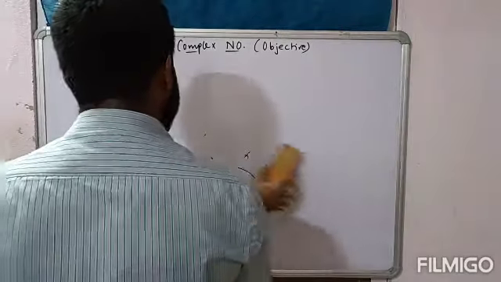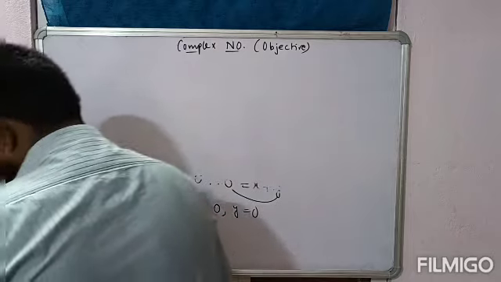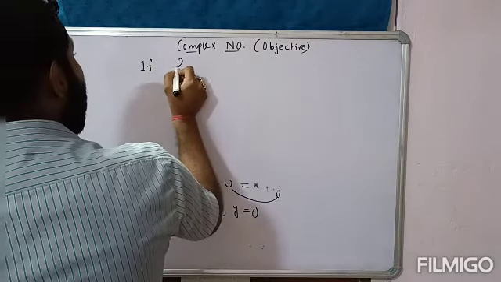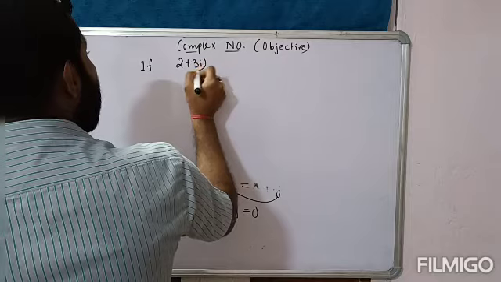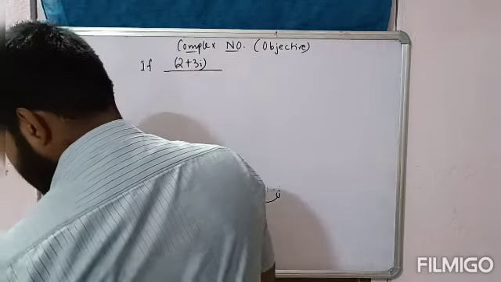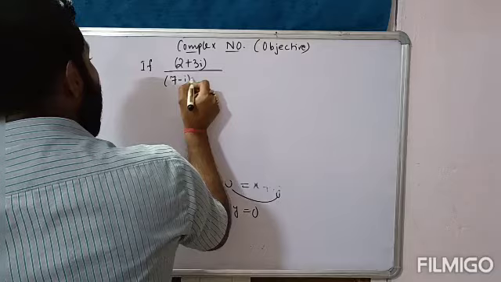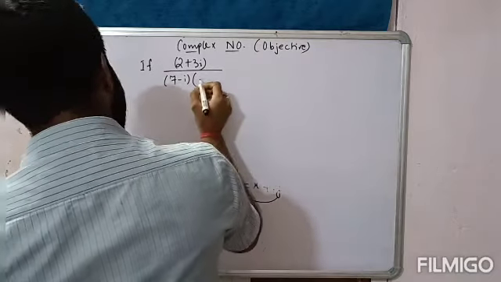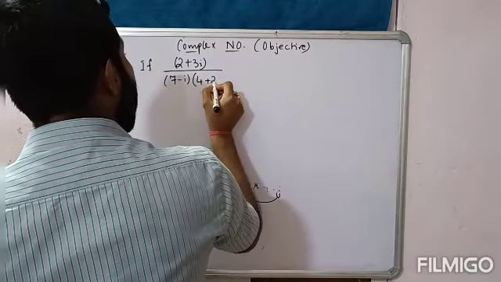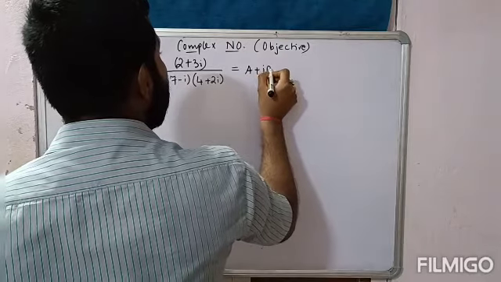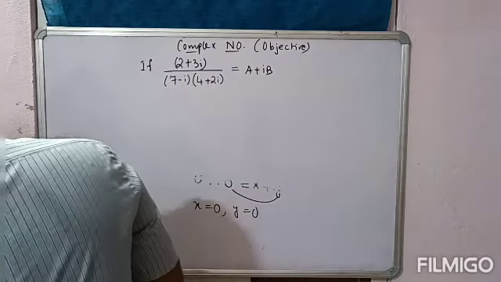The next question is, if 2 plus 3i divided by 7 minus i into 4 plus 2i, this is equal to a plus ib.